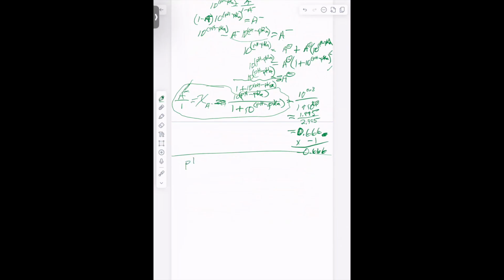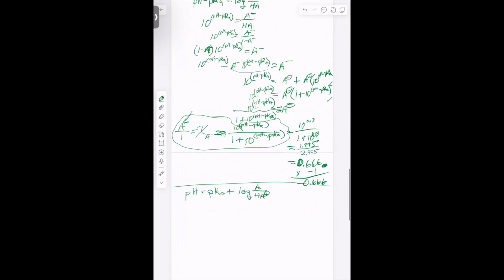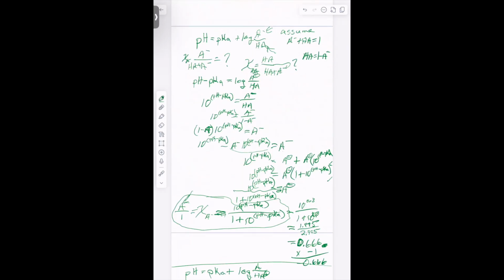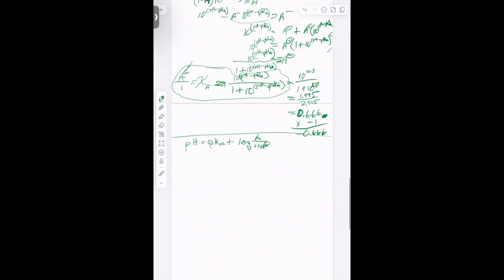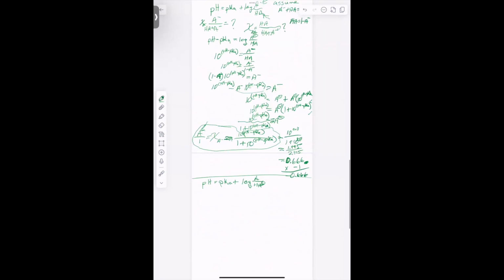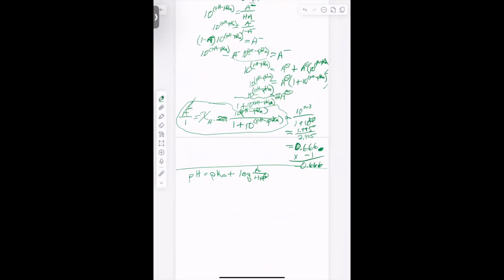We start off everything the same. You would only try to solve for the mole fraction of HA plus if you're trying to figure out the positive charge. You would use the previous method if you're trying to figure out what the negative charge was, because the unprotonated species would be negative. You would use this approach when the protonated species is positive and you're trying to figure out what mole fraction exists.